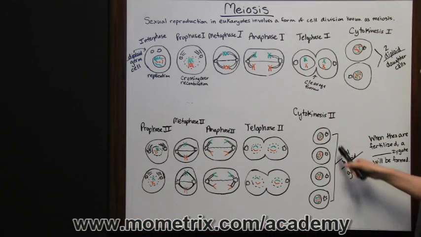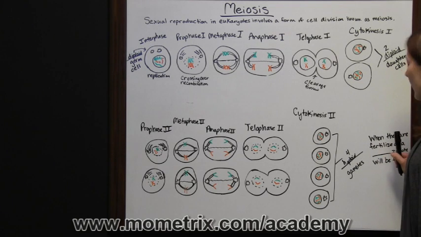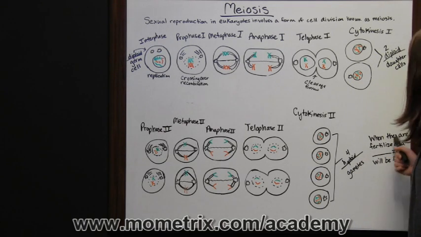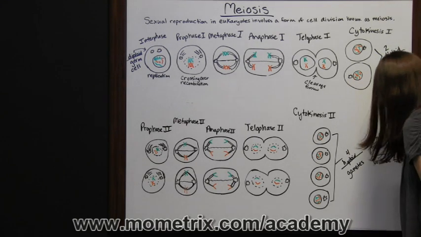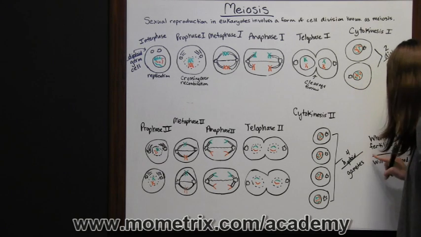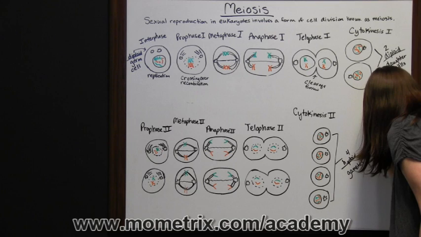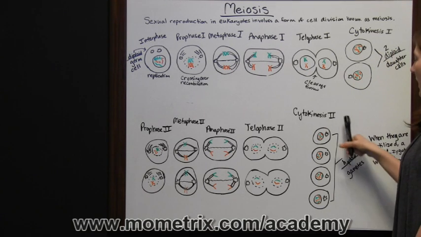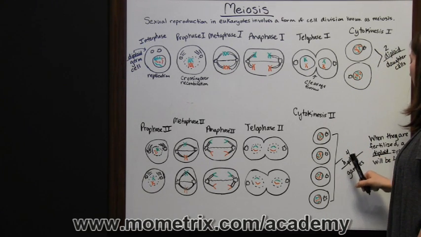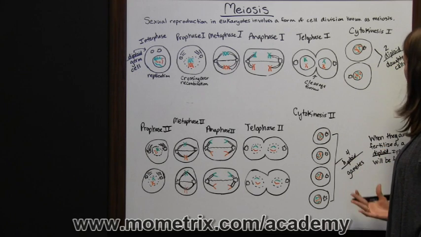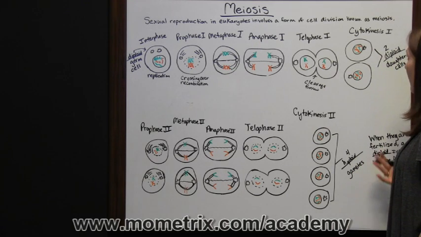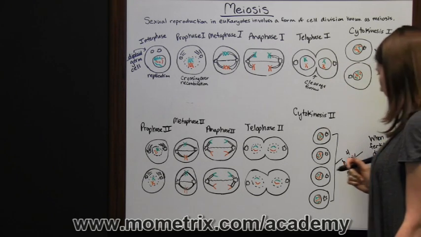So these gametes are going to be ready to be fertilized, and when they are fertilized, a diploid zygote will be formed. So if they are fertilized, then they can go on to create a new eukaryotic organism.